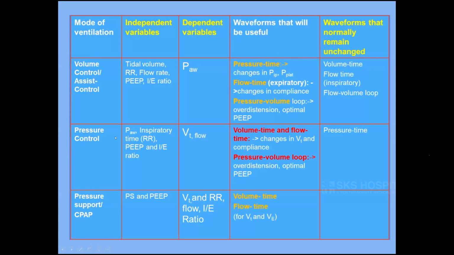Whereas with a pressure controlled mode, you could go for a volume time or a flow time scalar. So these are the different parameters which you need to be monitoring, so that certain variables will vary and some of the variables will not vary. So one needs to be cognizant of that fact. In a volume controlled ventilation, if you look at pressure time scalar, it can give you quite a lot of details.